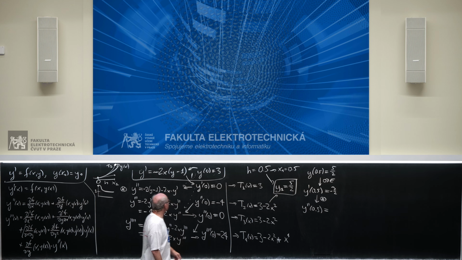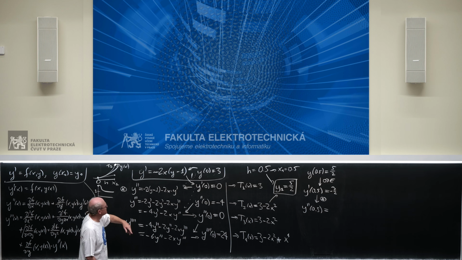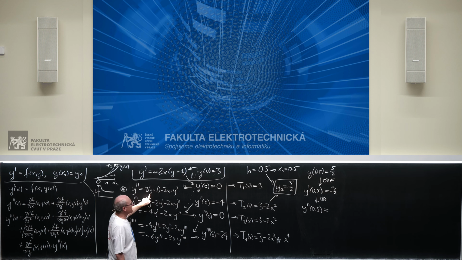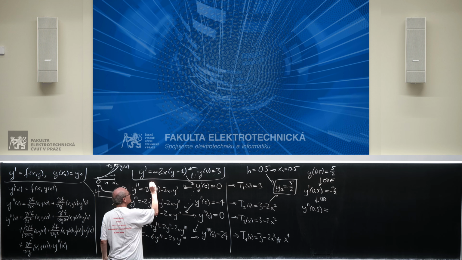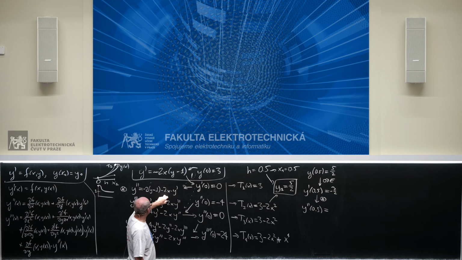Do I feel like calculating it actually? Let's see. 5/2 minus 1 is 3/2, times 2 is negative 3. And here, y prime is negative 3/2. Another one here, this is 3/2, this is 3/2.